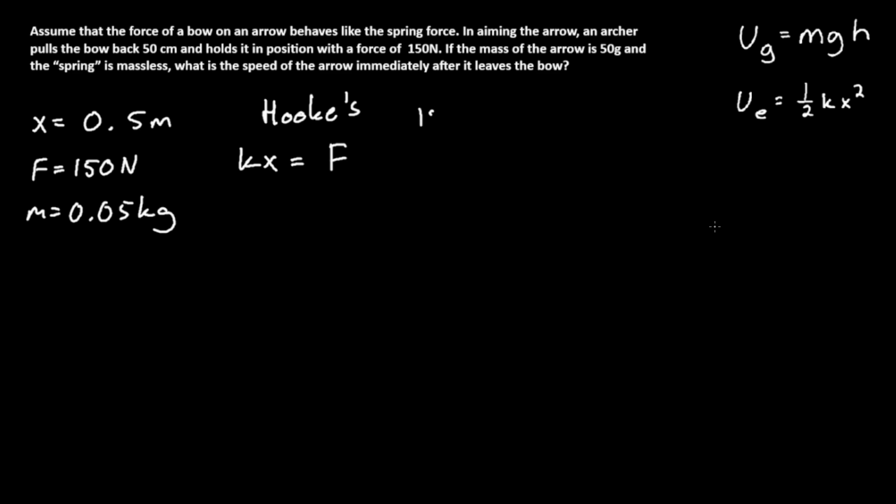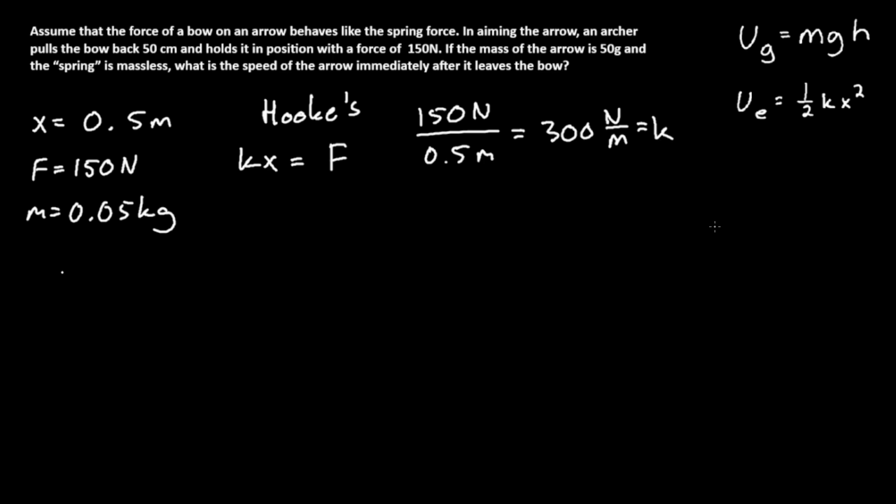So we'll divide your force by displacement, and you get your spring constant of 300 newtons per meter. And yes, this is the common unit for a spring constant, K.